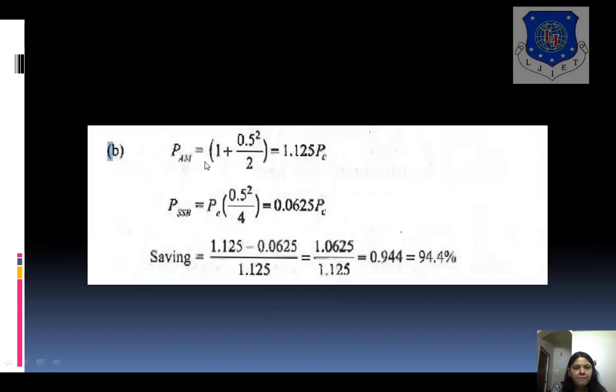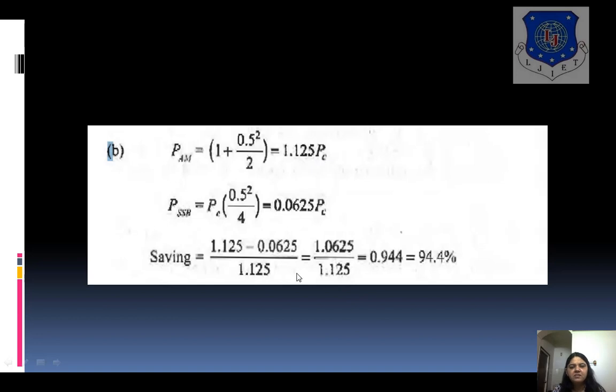Second, for the 25%, it is 1 plus 0.5 square upon 2. It is equal to 1.125 PC. So it is PC in bracket 0.5 square upon 4, equal to 0.0625 PC. The saving is 1.125 PC minus 0.625 PC upon 1.125 PC.